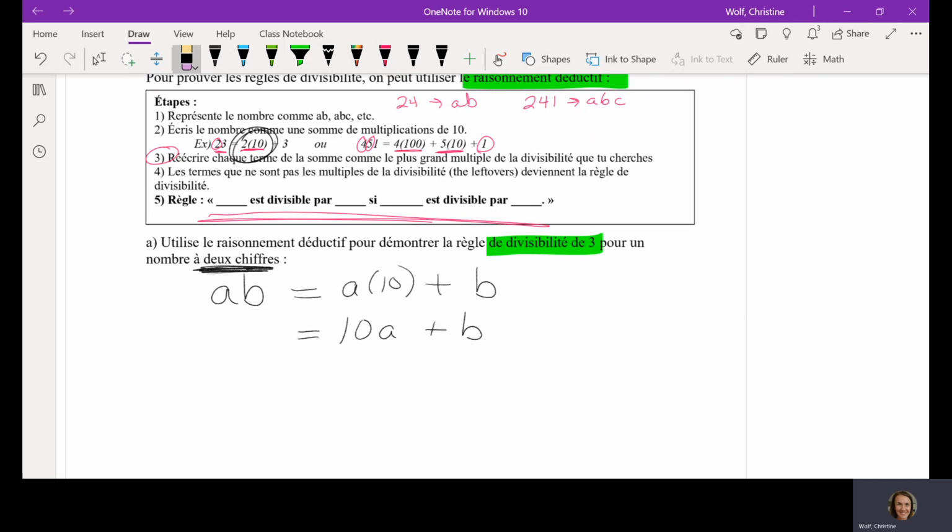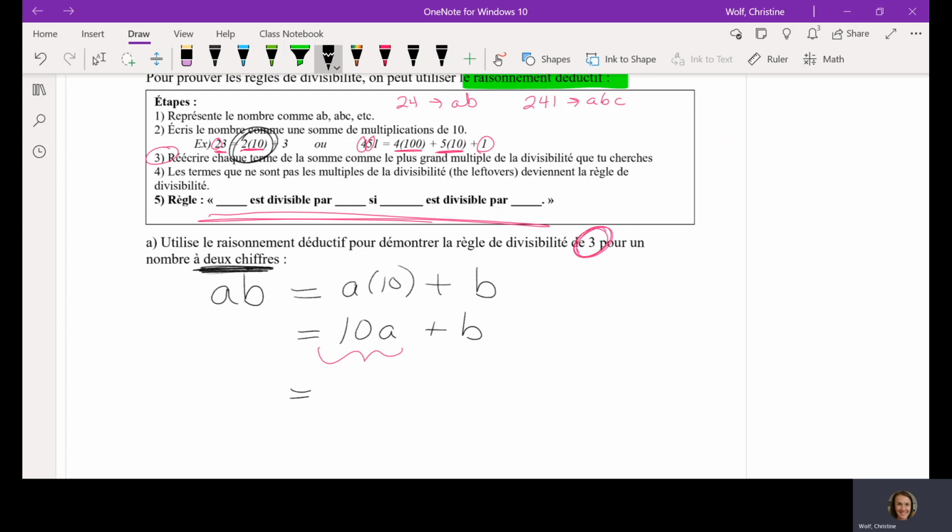Okay, step 3 is the hard part. Réécrire chaque terme de la somme comme le plus grand multiple de la divisibilité que tu cherches. So, la divisibilité que je cherche est 3, right? So, I look at my first term here. What's the biggest multiple of 3 I can pull out from 10? So the multiples of 3 are 3, 6, 9, 12. What's the biggest one I can take out? Et c'est 9, right?